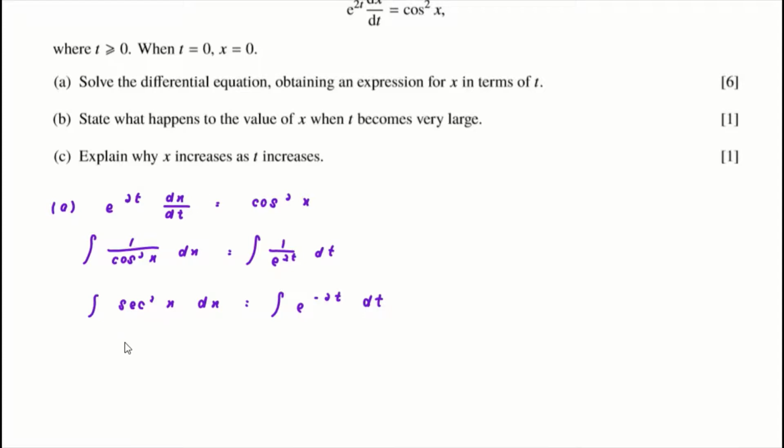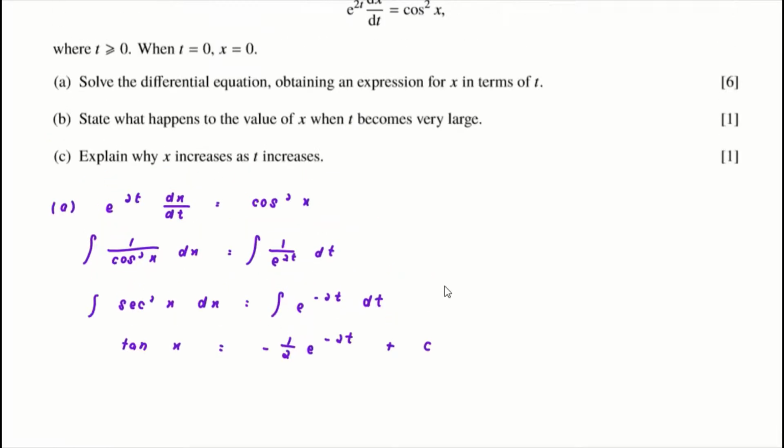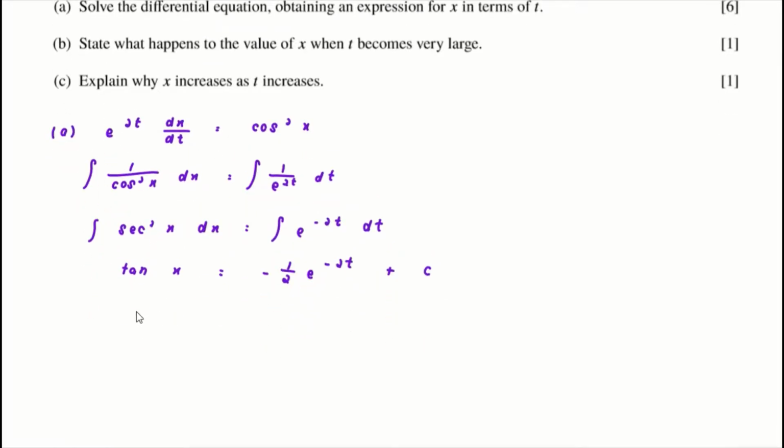So integrating secant square x gives you tangent x, equal to negative 1 over 2 e to the negative 2t. Remember, this one is divided by the derivative, not multiplied, because you are doing integration. Now don't forget plus c. Let's solve it because you are given t equals 0, x equals 0.